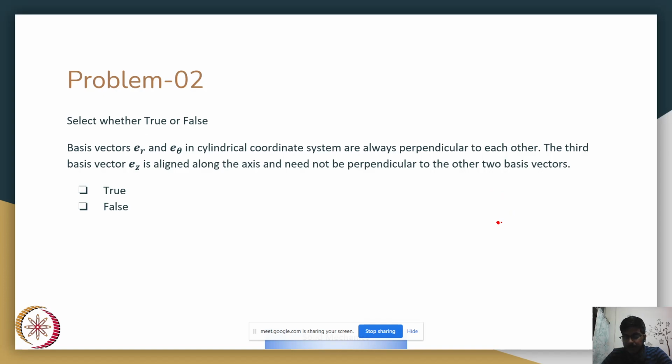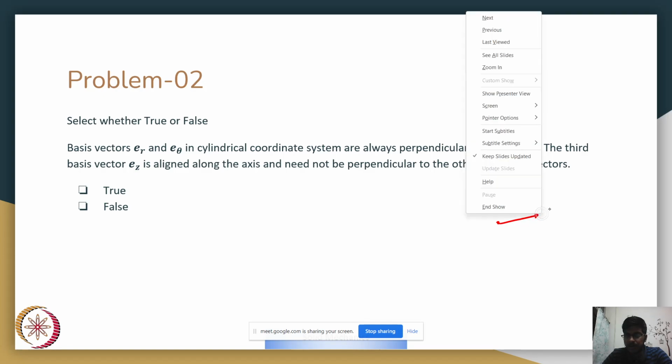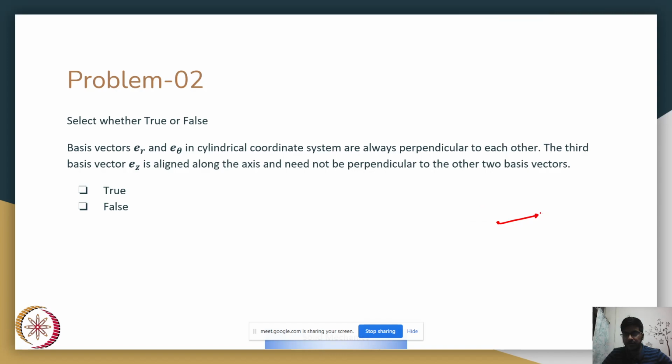Suppose you have this point. You can have this as ER, this as E theta, and Ez will always be perpendicular to the ER-E theta plane.